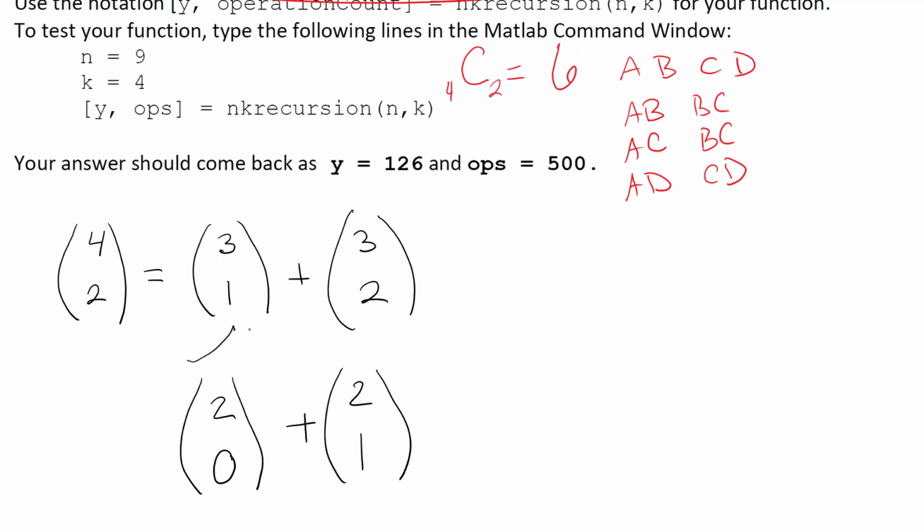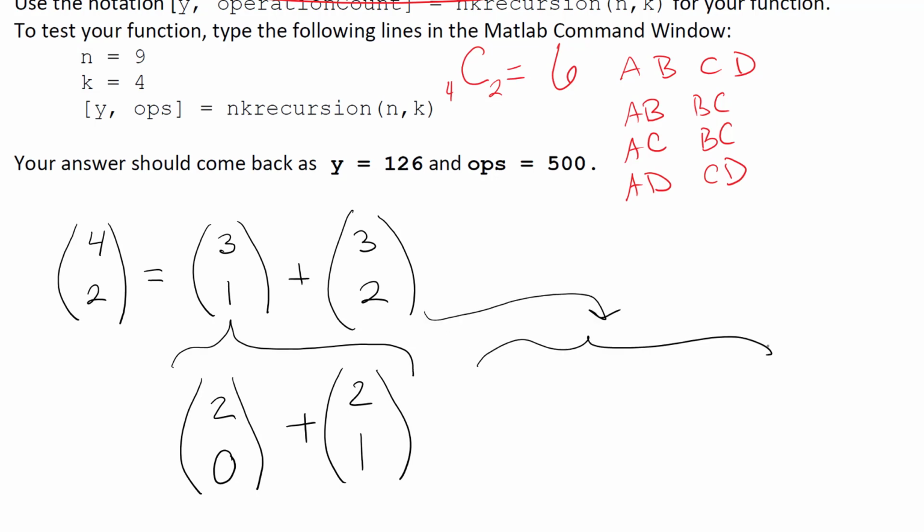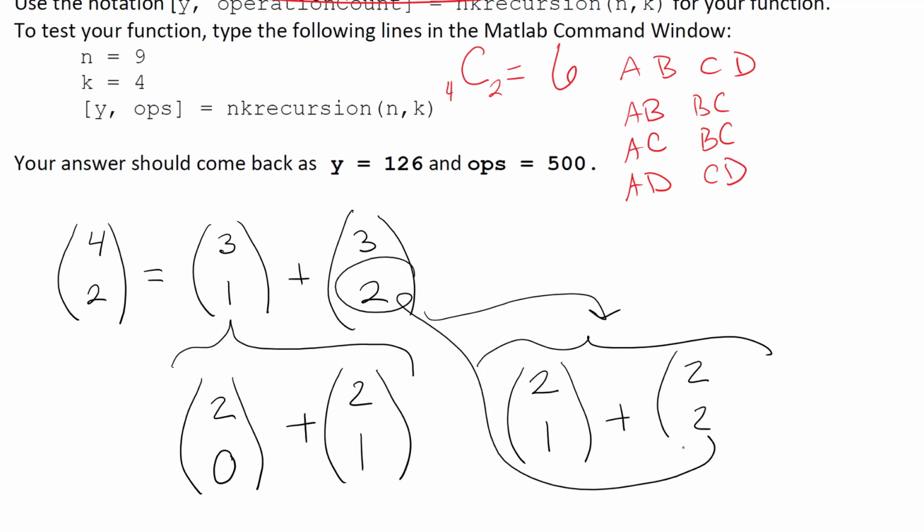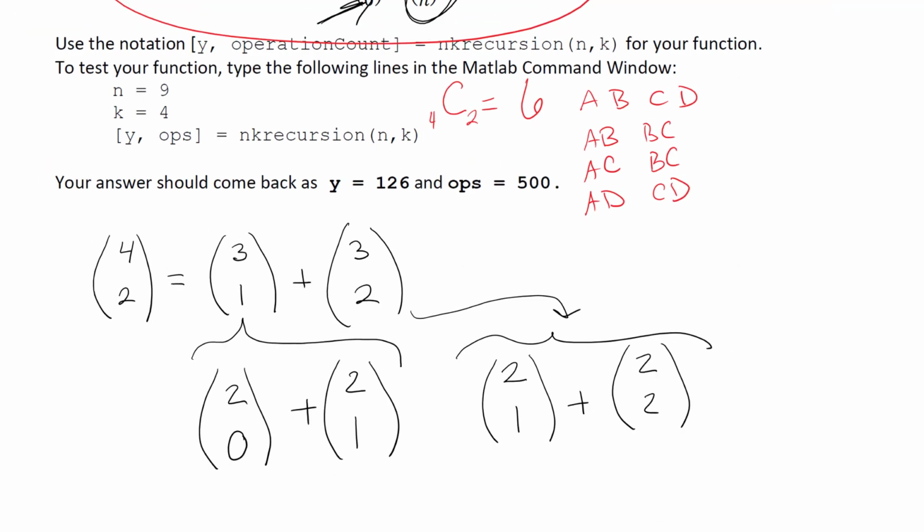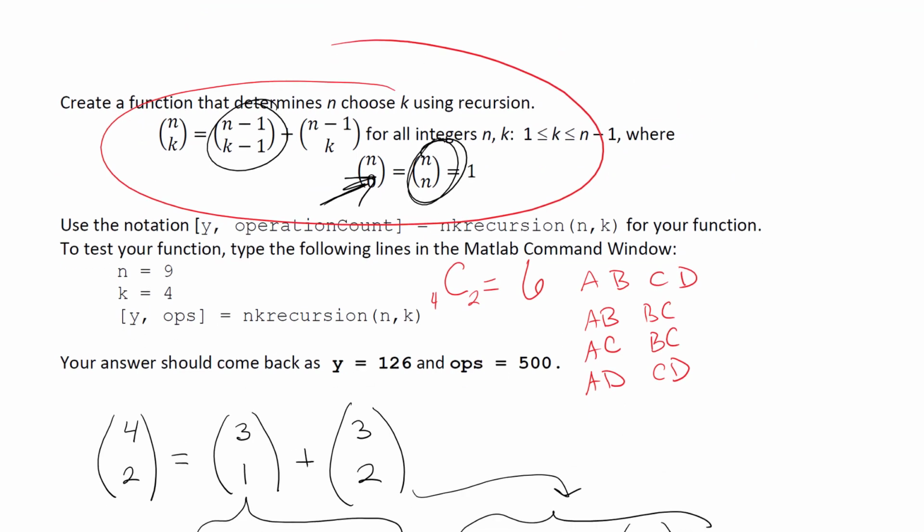This one becomes, let's see, the 3 and the 2 both get decreased by 1, so that's 2 and 1. Plus the 2 stays the same, and the number on the bottom stays the same: 2 choose 2. If you're forgetting what I'm doing, I wouldn't blame you because it's weird.